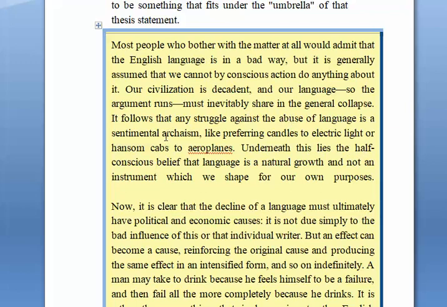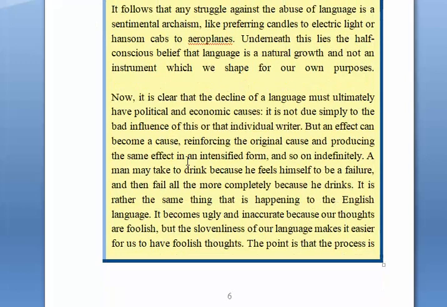half-conscious belief that language is a natural growth and not an instrument which we shape for our own purposes. Now, it is clear that the decline of a language must ultimately have political and economic causes.